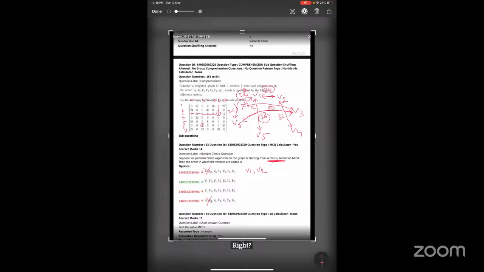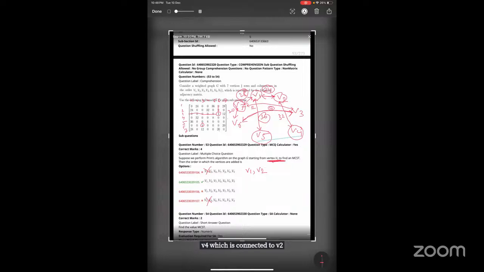Next, we have V1 and V2. So we have to now enlist one more vertex which is connected either to V1 or to V2 and has the least weight. So we can consider V7 which is connected to V1, V5 which is connected to V1, V4 which is connected to V2.